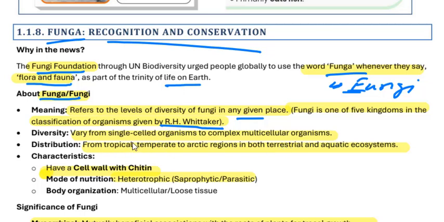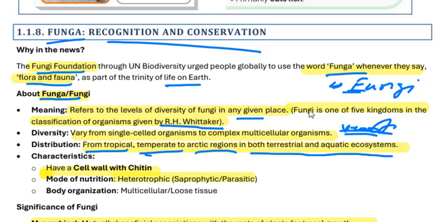Yeast is an example of unicellular fungi, and the remaining, like mushroom, are multicellular fungi. From tropical, temperate to arctic regions, in both terrestrial and aquatic ecosystems, they are found in all places. The characteristic is that they have a cell wall with chitin. Actually, their cell wall has both cellulose as well as chitin, but mainly consists of chitin.